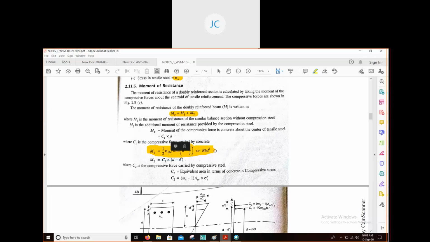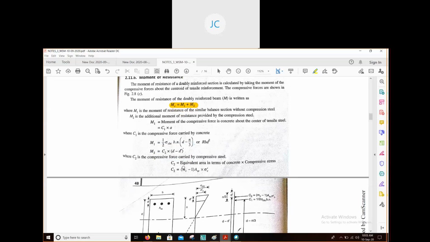And this M2 is the extra amount which I have been saying, that in a doubly reinforced beam we have to resist an extra amount of stress. The value is C2 into d minus d dash.